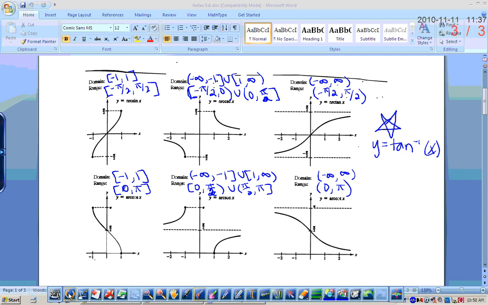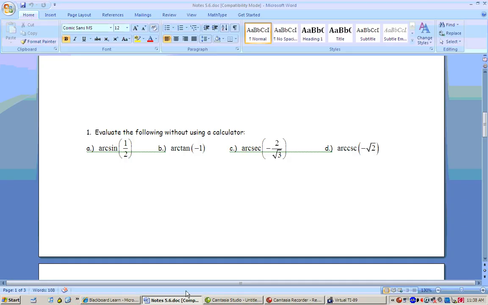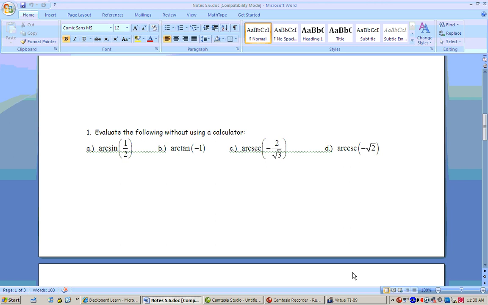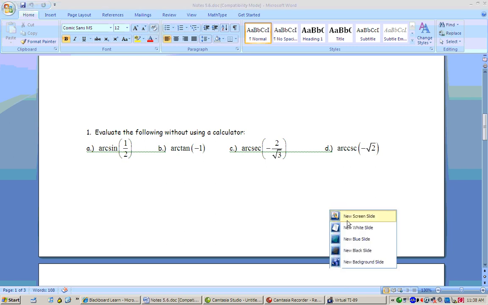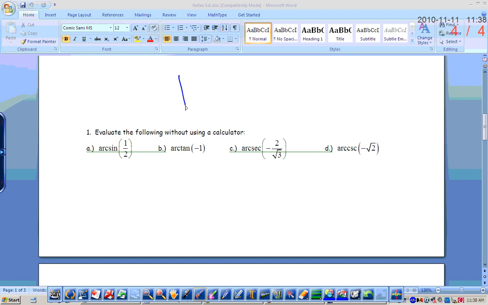Okay, quick review of Precal. Evaluate the following without a calculator. This involves knowing 2 things. One, you may remember this chart from last year where when we did sine inverse and tan inverse, your answer had to fall between negative pi over 2 and positive pi over 2.